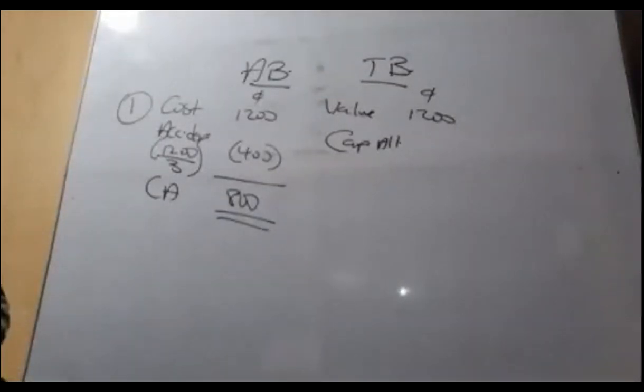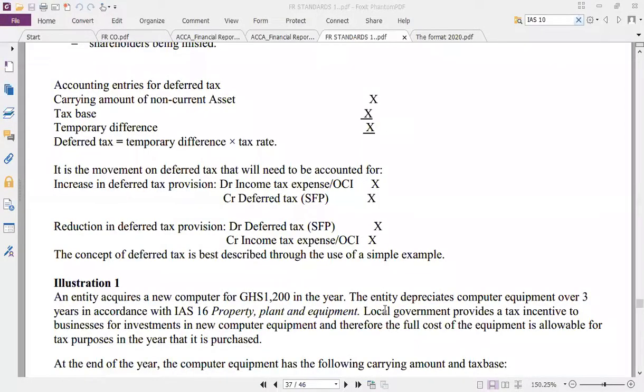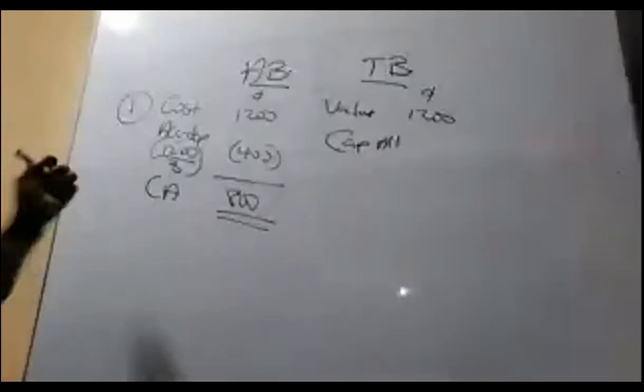So let's confirm that statement. The local government provides a tax incentive to businesses for investment in new computer equipment, and therefore the full cost is allowable for tax purposes in the year that it is purchased. That's it. So the first year, full cost.